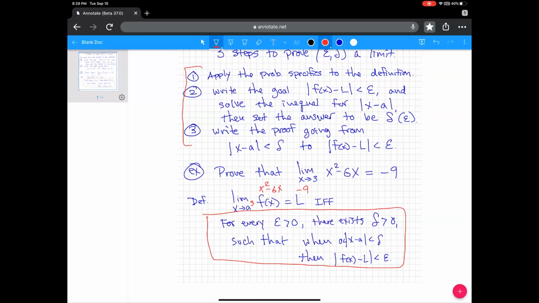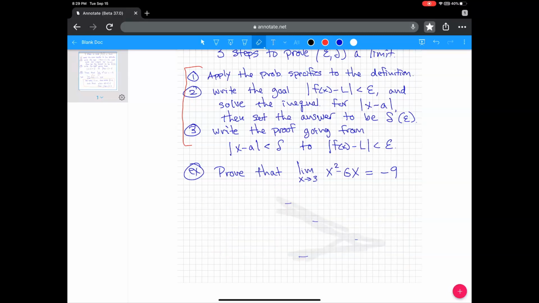So I'm going to rewrite that definition so that we can say that if we can show that for every epsilon greater than 0, there exists a delta greater than 0, such that, and then in the specifics of the definition, I put 0 is less than x minus 3 is less than delta. When that's the case, then the function x squared minus 6x minus the limit of negative 9 is less than epsilon. So we put those into the definition. So let me take off the definition the way it was and then rewrite it and apply the specifics of the problem. And let's see if we can see what that looks like.